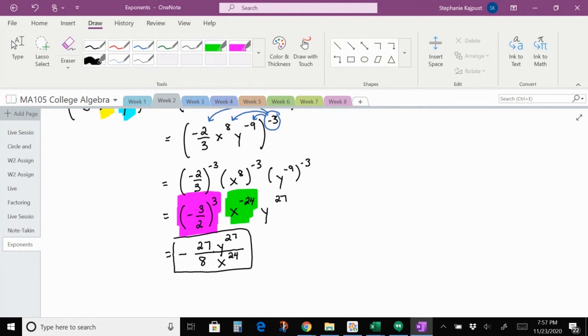Then do your multiplication and division where you're adding or subtracting those exponents. And then you're going to be doing any flip-flops if you have negative exponents remaining. So you're still following the order of operations. It's just now we're dealing with exponents instead of just regular numbers. So it's just slightly different, but the order is still the same.